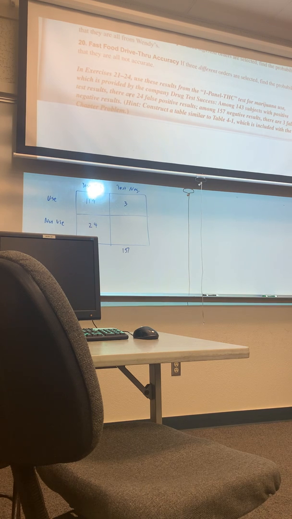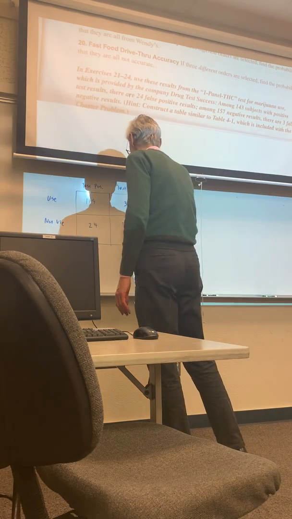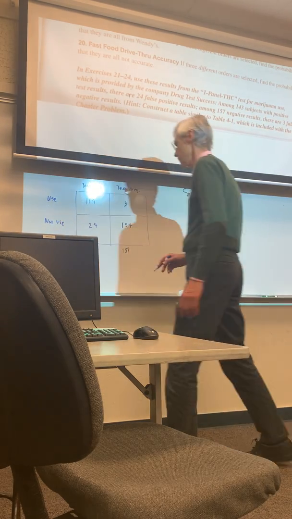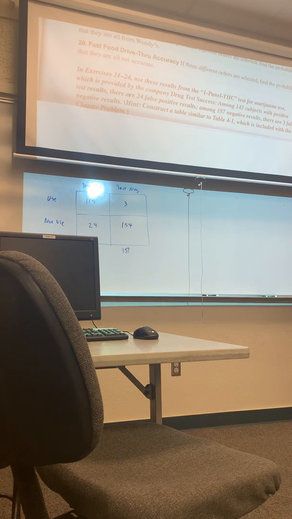Okay, there's 2 cases where the test can get it wrong: for a user who tested negative, or for a non-user who tested positive. Okay, so how many test negative and not use? 154. Okay, so now we have the table.